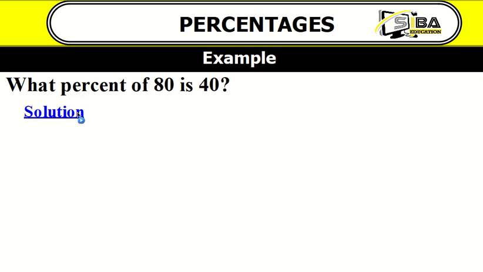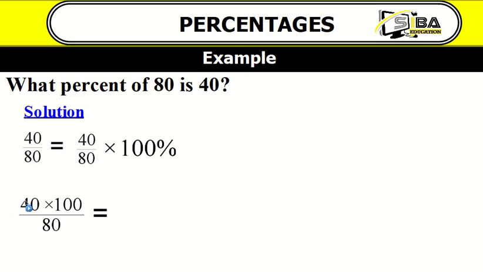So rather it's going to be 40 out of 80. And 40 out of 80, let's multiply it by 100%. And so it's going to be 40 times 100% divided by 80. And I know you finished with the calculation. Of course, the answer is 50%.